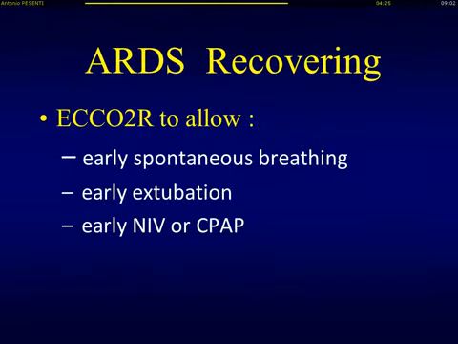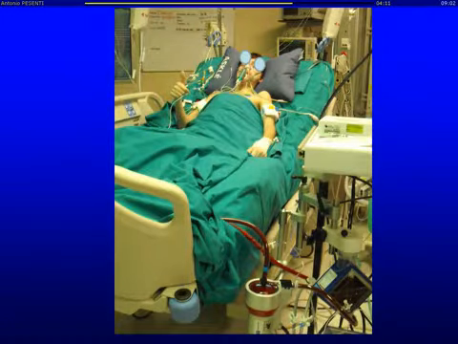It might allow earlier extubation. But we do not have hard clinical data. CO2 removal is an experimental technique. See here one of those patients that are non-intubated, undergoing extracorporeal gas exchange.